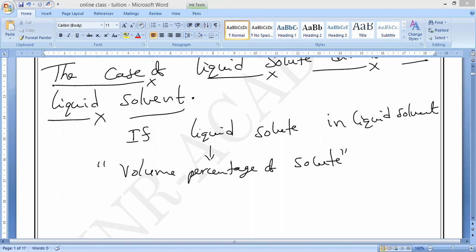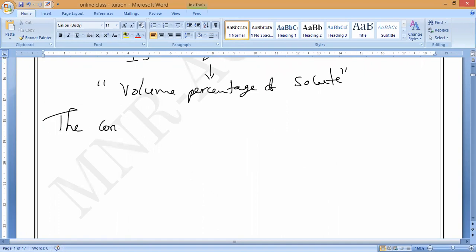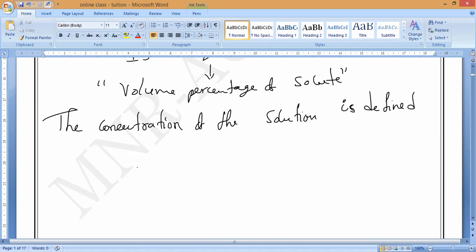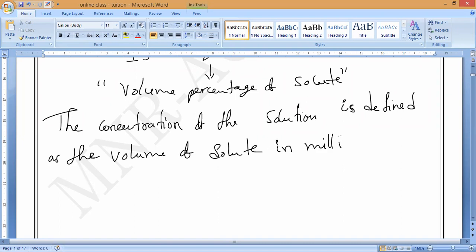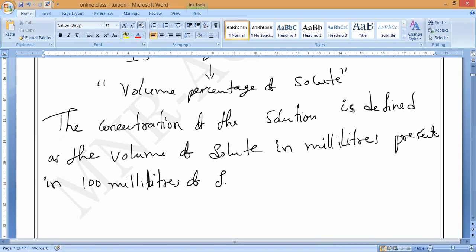Write it down. The concentration of a solution is defined as the volume of solute in milliliters present in 100 milliliters of solution.